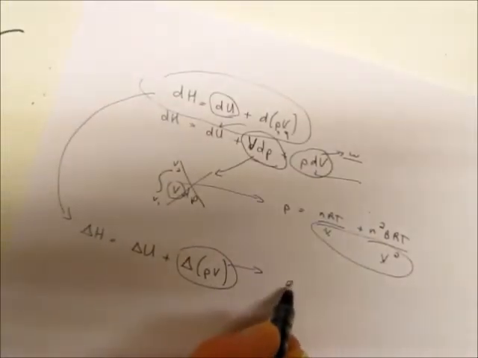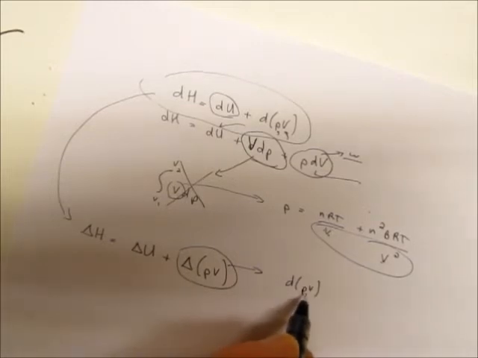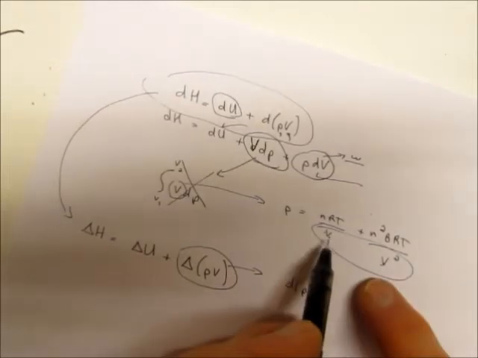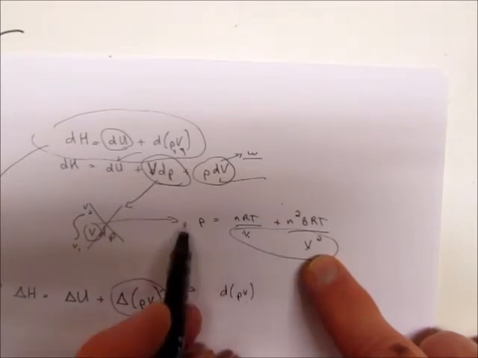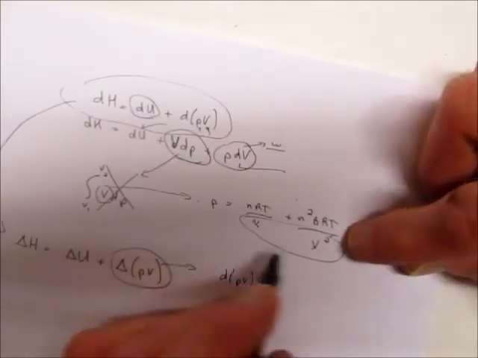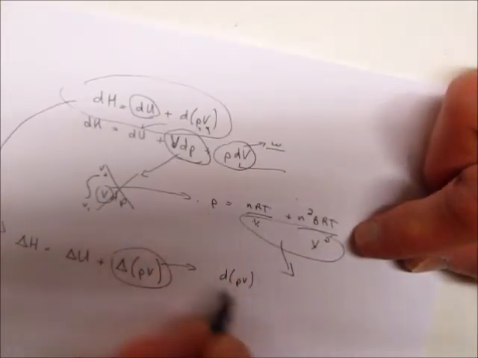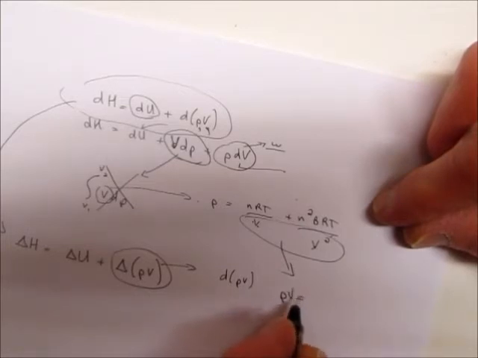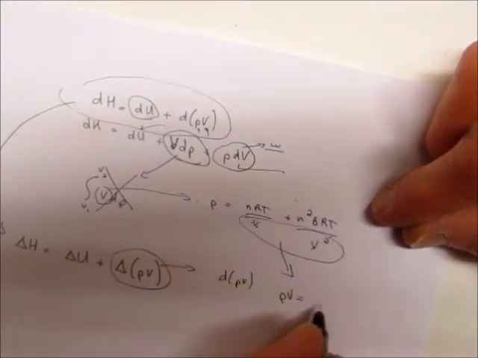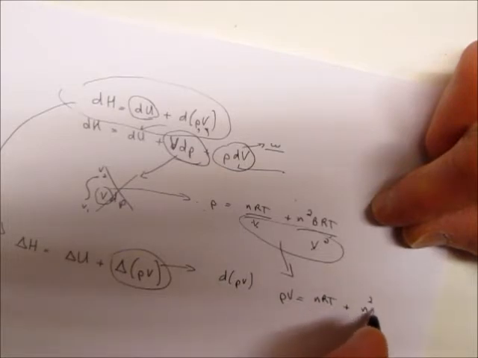Another way of looking at it is to say, if I take this virial and I multiply both sides by V, I'm going to get a PV term over here. So I could get PV of a virial. This term would lose its nRT plus n squared bRT over V.